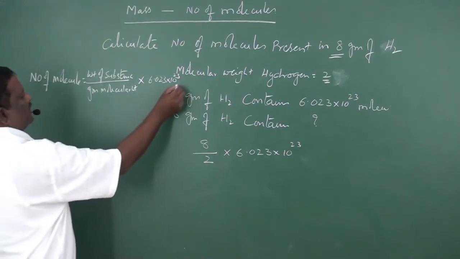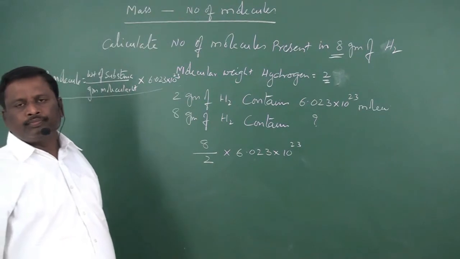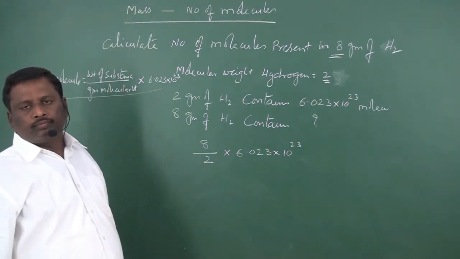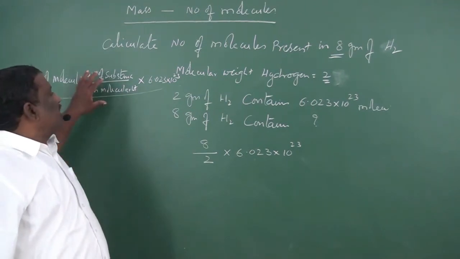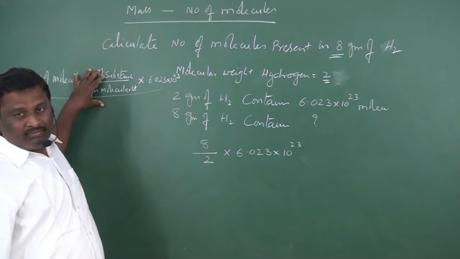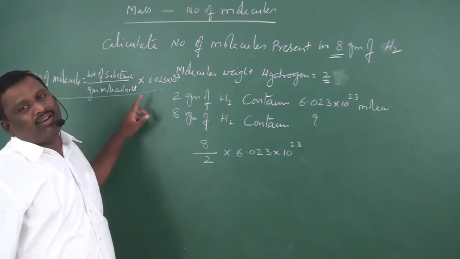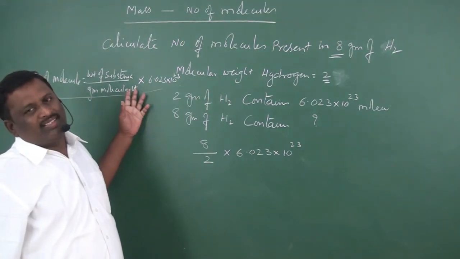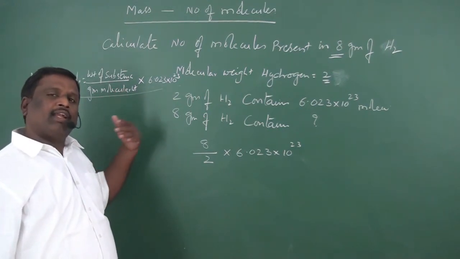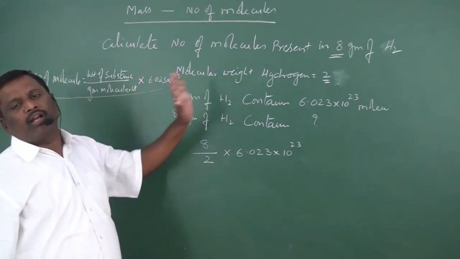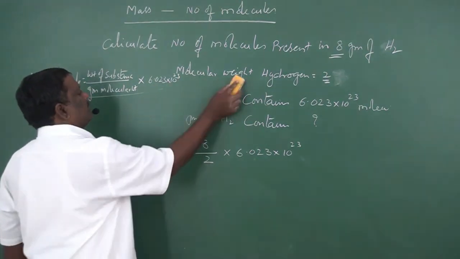This is the general formula. In any problem, you can use this formula. Weight of the substance by gram molecular weight is nothing but number of moles. So you can also write number of molecules is equal to number of moles into Avogadro number. If mass is not given, sometimes they will give you the number of moles. Then directly you can calculate number of moles into Avogadro number to get the number of molecules. Now I will give you that type of problem.